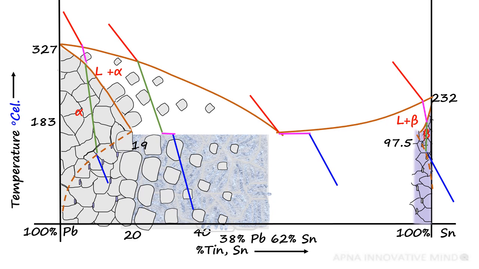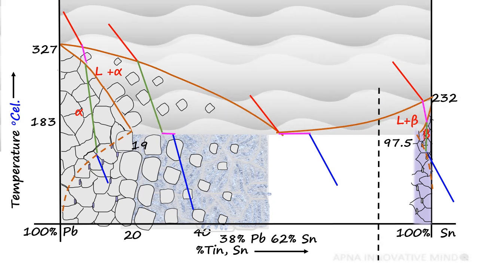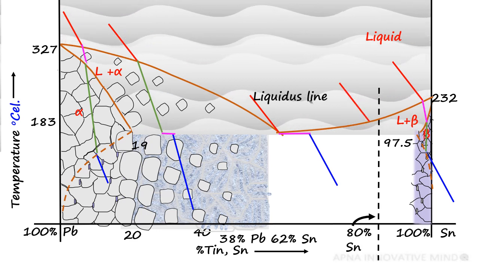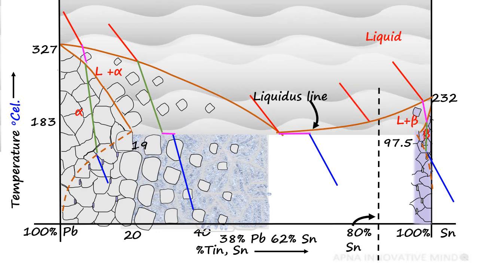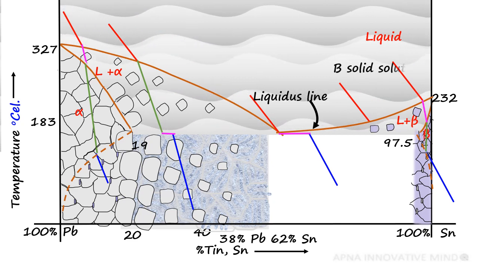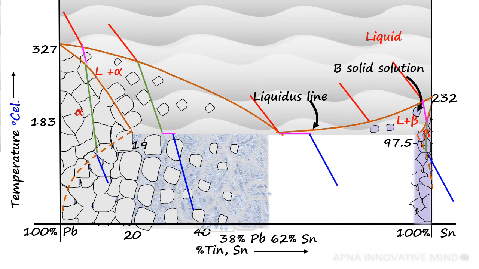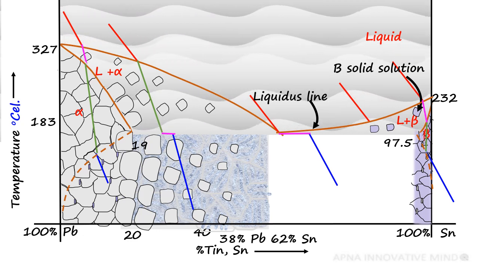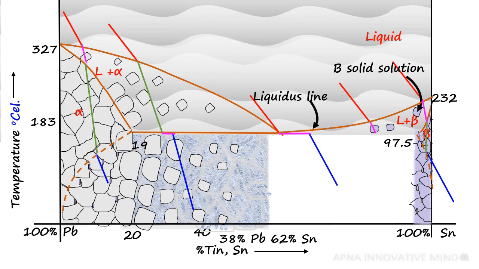When an alloy consisting of lead and tin with 80% tin is heated to liquid phase, then on cooling just below the liquidus line, solidification starts. Then crystals of beta solid solution start forming, as lead and tin are soluble in each other. In beta solid solution, we have common crystals of lead and tin atoms.